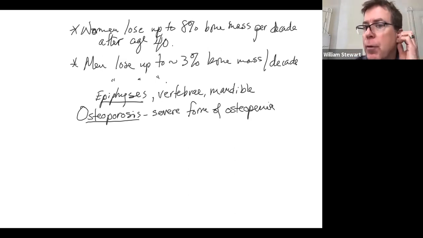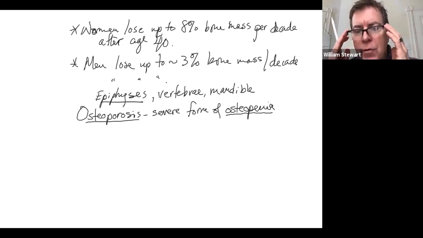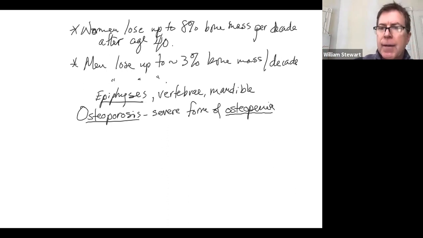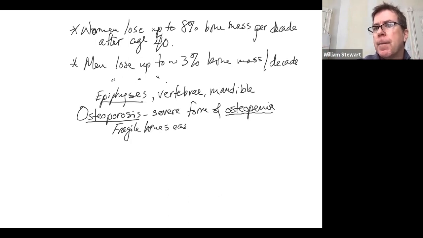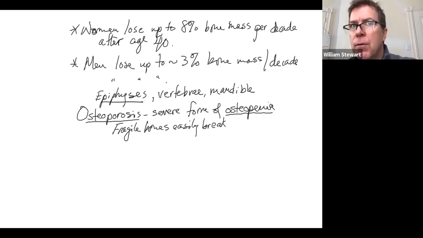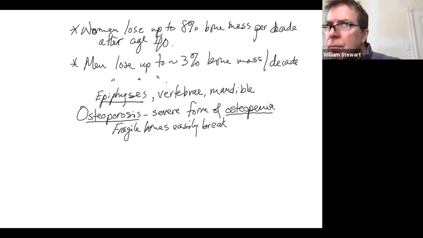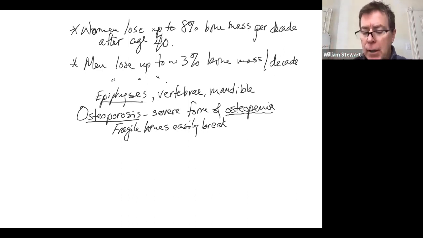So basically, people with osteoporosis have so much bone thinning, so much osteopenia going on to a severe enough degree that the structural integrity of those bones is compromised. So we know that fragile bones, if they get thin enough, easily break. And when an individual is at risk of fracture, we say they have osteoporosis.